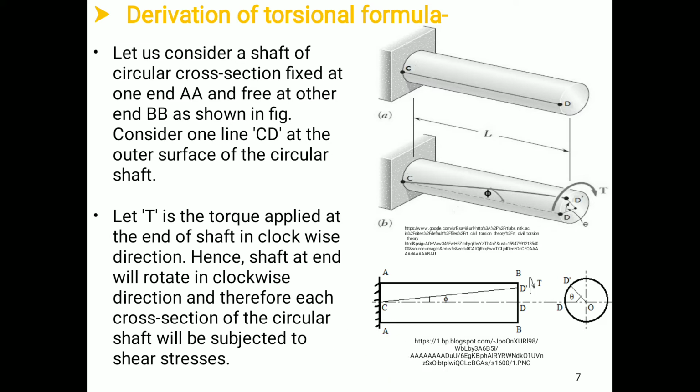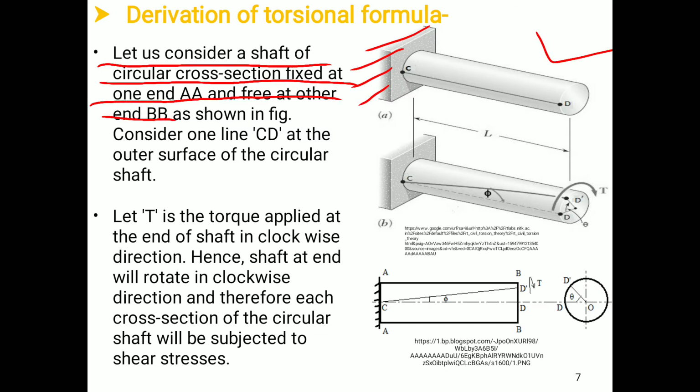Now we consider a shaft of circular cross section fixed at one end AA and free at the other end BB. So this is end AA which is the fixed one. This is end BB which is the free one. Consider one line CD at the outer surface of the circular shaft.